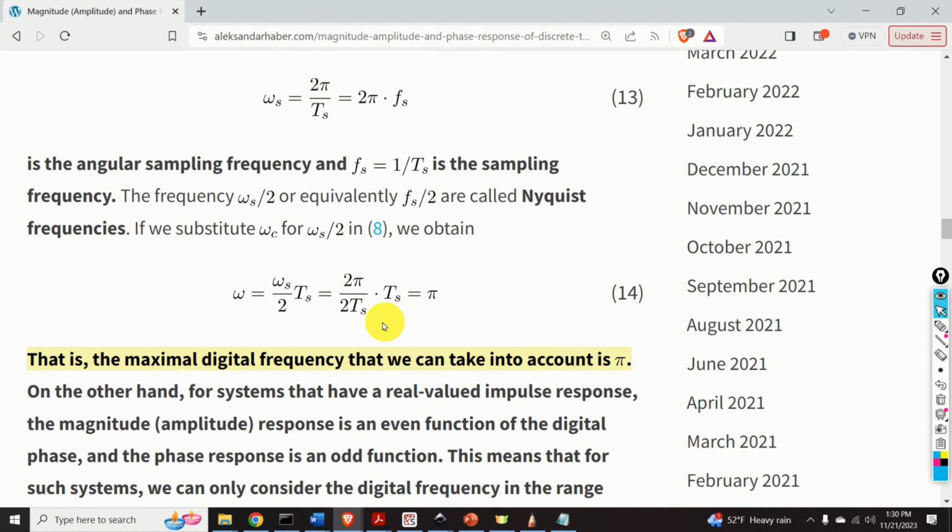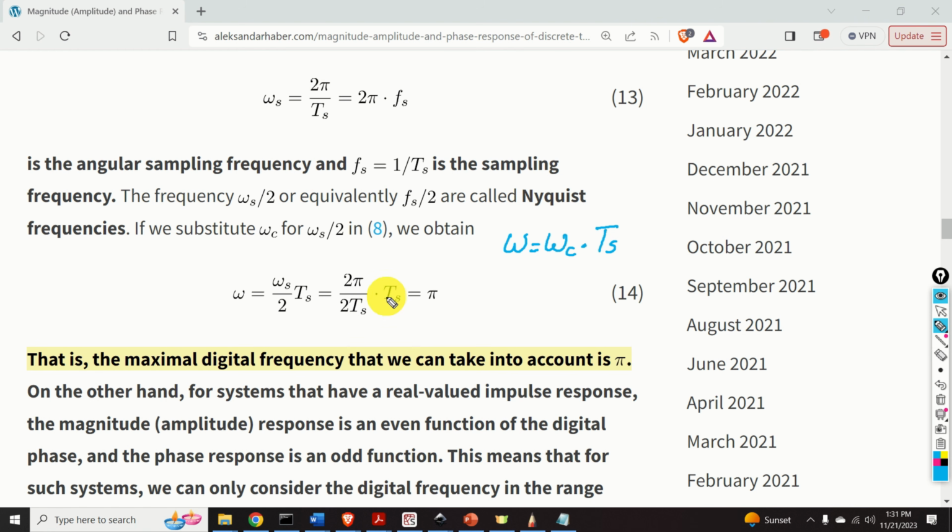Now let us substitute omega c for omega s over 2 in expression 8. Expression 8 has this form: omega is equal to omega c multiplying Ts. Again, here omega c is the continuous time angular frequency and Ts is the sampling period. If we substitute omega c by omega s over 2, we obtain this expression. Now if we go further and use omega s from this equation and substitute it over here, we will obtain this expression.